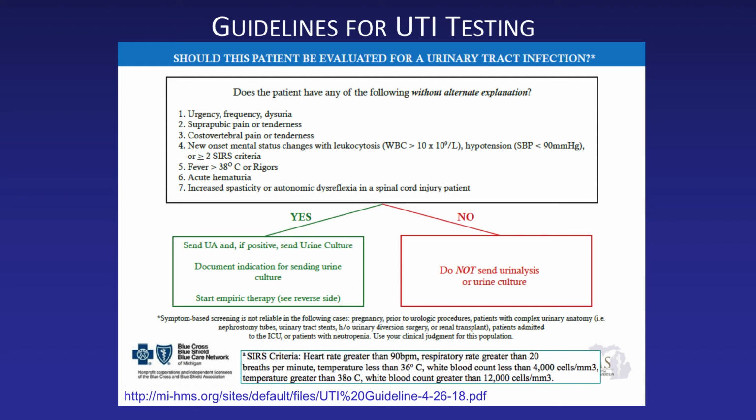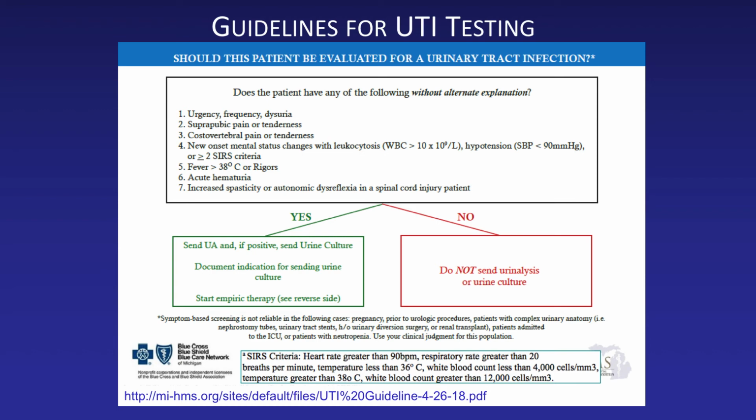If they have any of these symptoms that do not have an alternative explanation, then the recommendations are to send a urinalysis, and if positive, send a urine culture, or in many facilities, as just discussed, you would send that UA with reflex to culture as a single order. You should also document your indication for sending the urine culture so the next clinician who sees that patient the next day and who receives the results of the urine culture will actually know why it was sent.